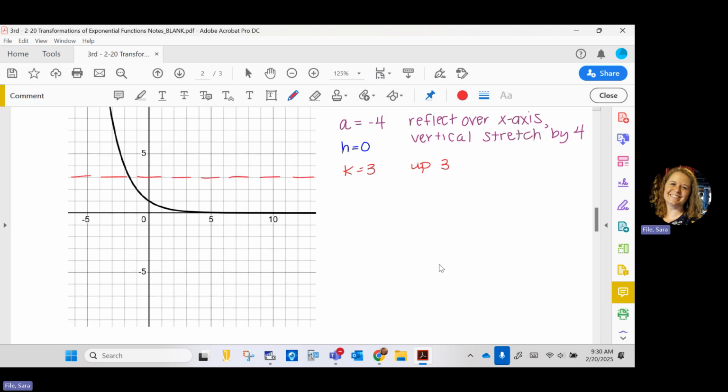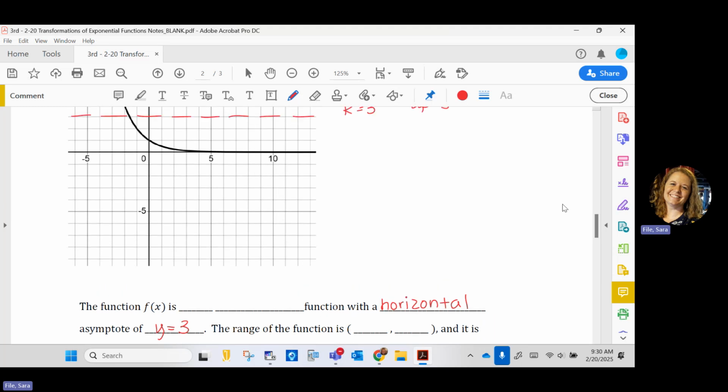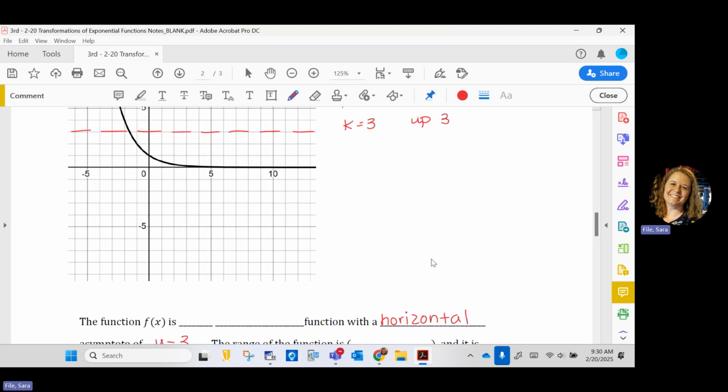We can go ahead and label that down here. It says a horizontal again. These are all going to be horizontal for exponential. Asymptote of y equals 3. Okay, so I've got that part. I've got it sketched and I've got it written down here as my horizontal asymptote.